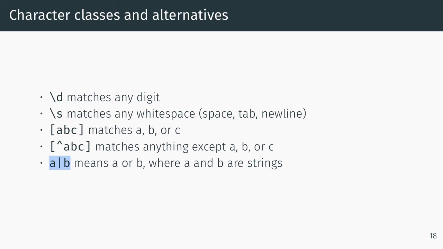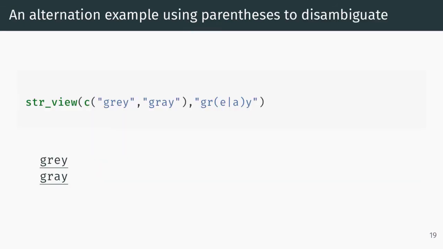A or B here means that we're matching A and B as strings. So A isn't just a single character here. I should have called this string 1 and this string 2 or something like that. Here's an example. These two strings are gray and grey, and by matching either E or A, we're able to match both of them completely.